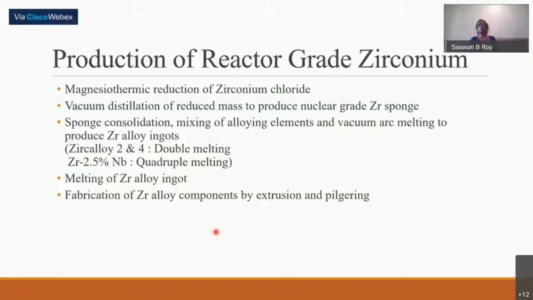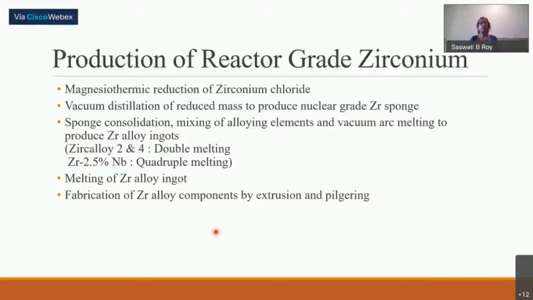So still it is not complete for production of the component. This zirconium sponge has to be made into ingots. And generally, what do they do? As zirconium is always used as an alloy material, they first cut the zirconium sponge into a smaller size, then mix it with alloying element, press it into briquettes, weld them to make an electrode, and then it is melted again.